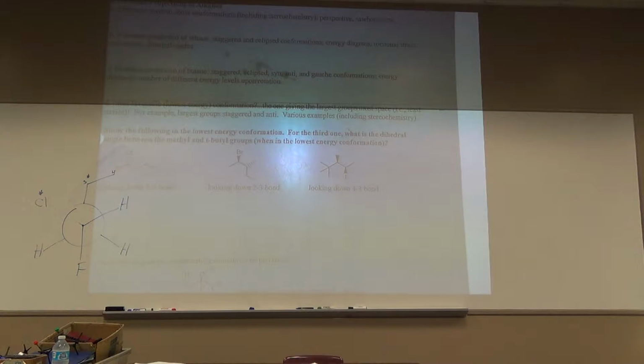Right now, those two groups are what? What's the relationship right now? Right now, they're gauche. What's the preferred? Anti. Okay. Can you redraw this anti? Earlier we just rotated one carbon, right? Up the front, keep the back still.